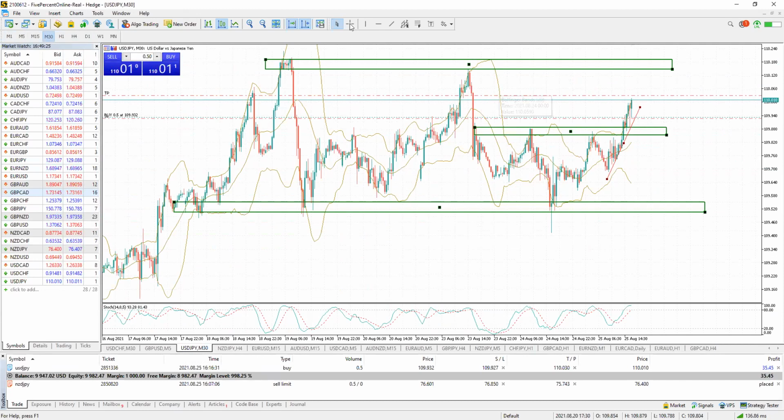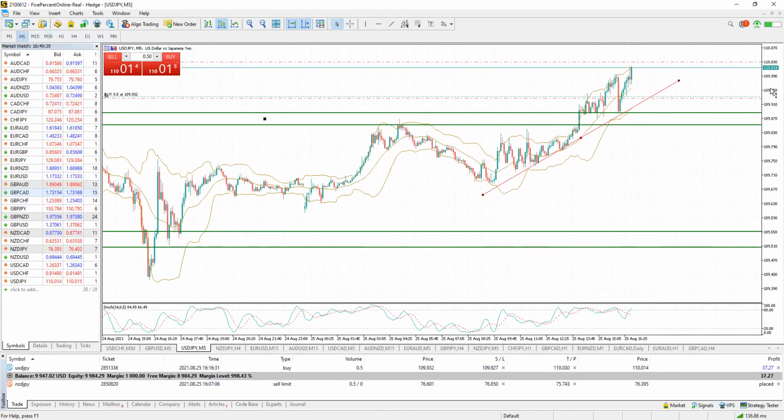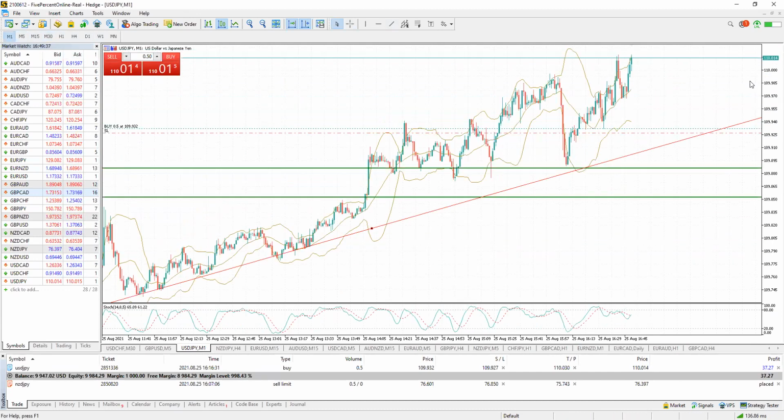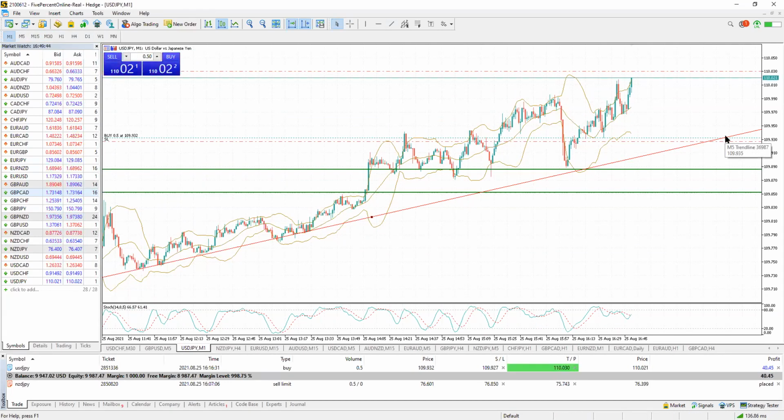I can also maybe put my take profit here, but the chance of going to this level is lower, so I prefer to exit my trade here. A little bit more. It's kind of struggling here to make a higher move.